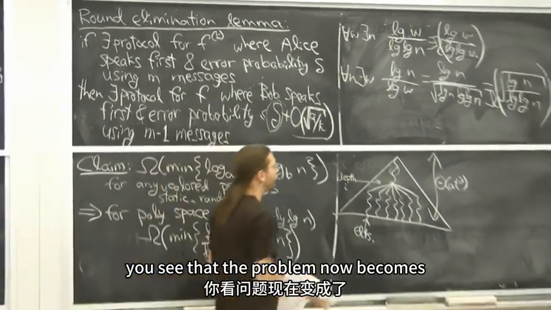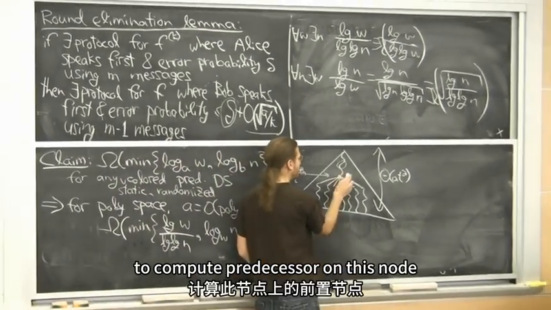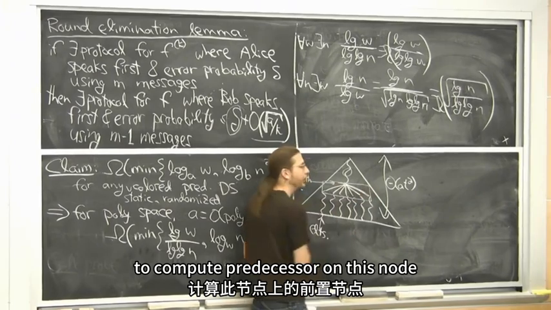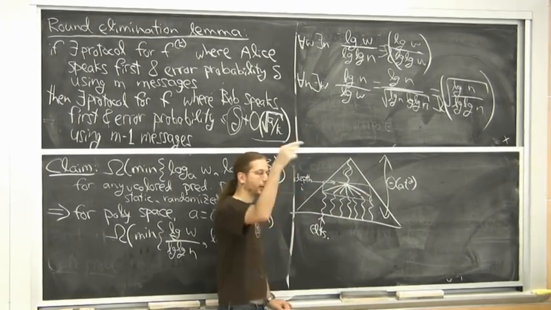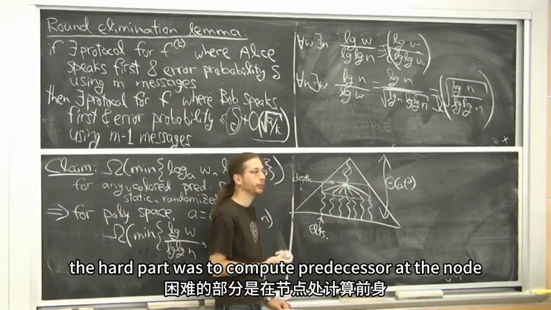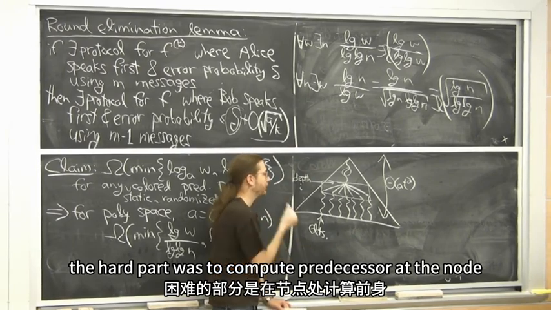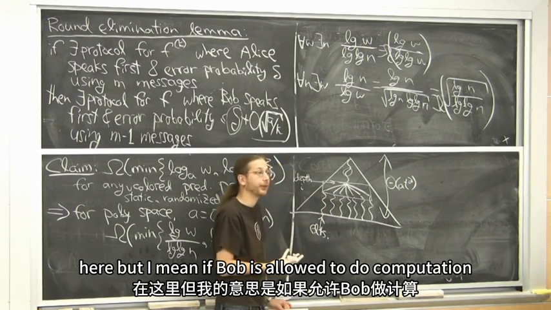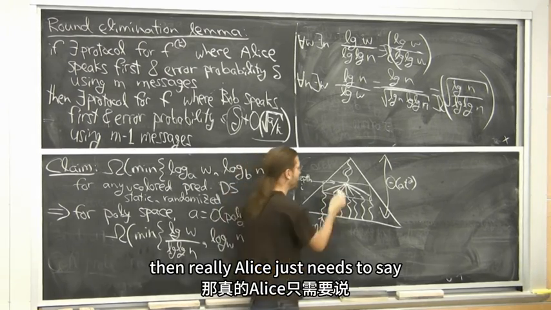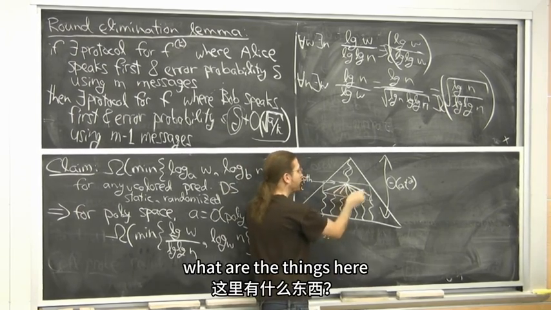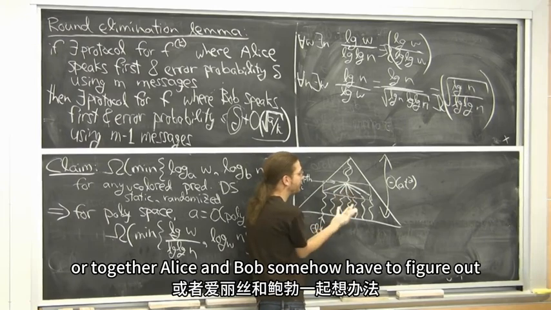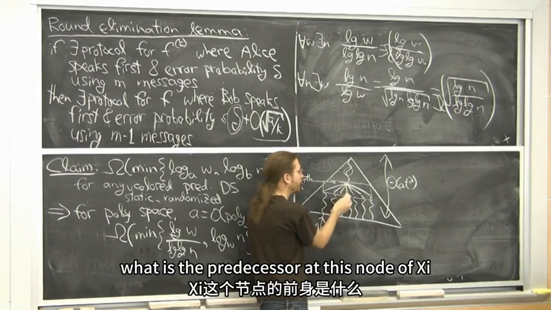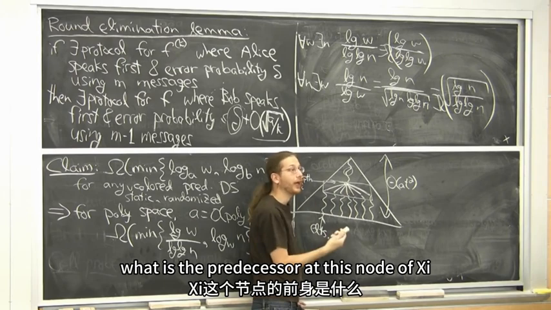You see that the problem now becomes to compute predecessor on this node. Just like in fusion trees, at every step of the way, the hard part was to compute predecessor at the node. Here, if Bob is allowed to do computation, then really Alice just needs to say what are the things here, or together Alice and Bob somehow have to figure out what is the predecessor at this node of xi.